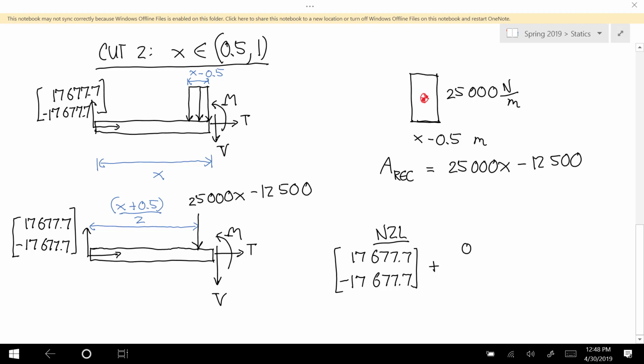And that means that we're going to multiply this magnitude times a unit vector of 0, negative 1. So this, as a force vector, is going to be 0 for x, and then negative 25,000x plus 12,500, plus t, negative v is equal to zeros.